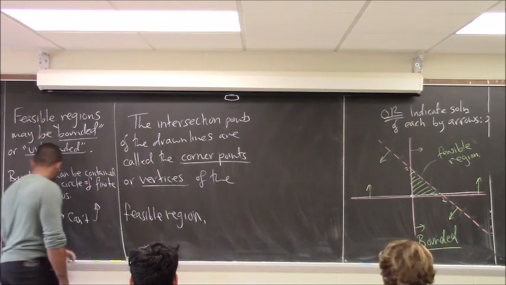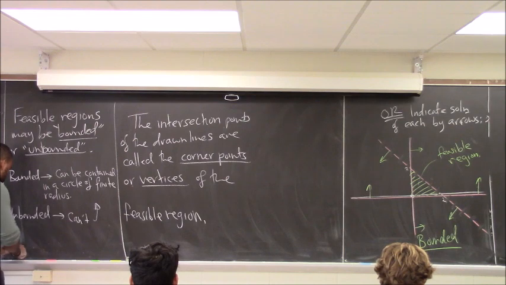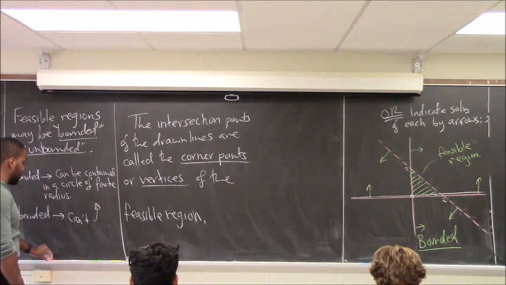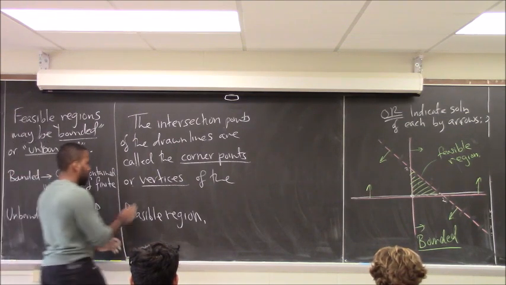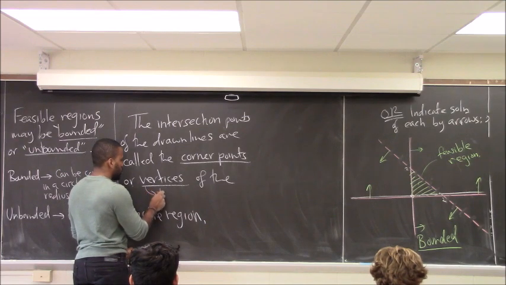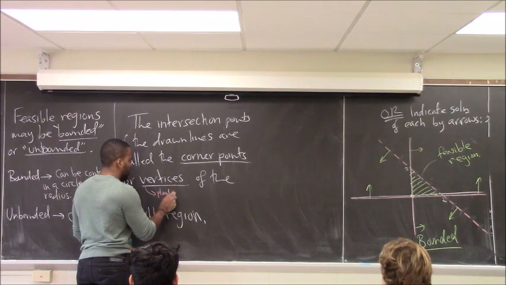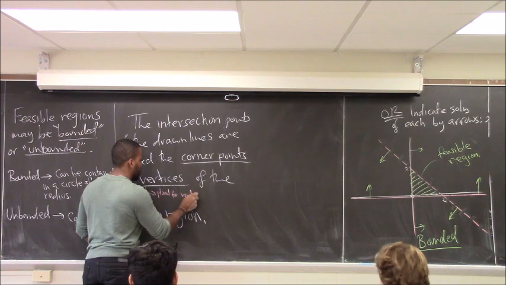So if I talk about the vertices of a feasible region or the corner points, that's what I'm talking about, where the lines actually intersect. Vertices is plural for vertex.